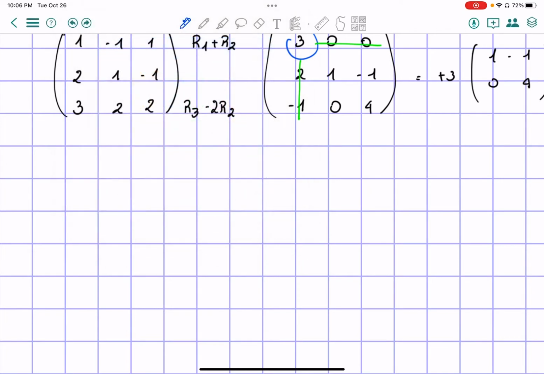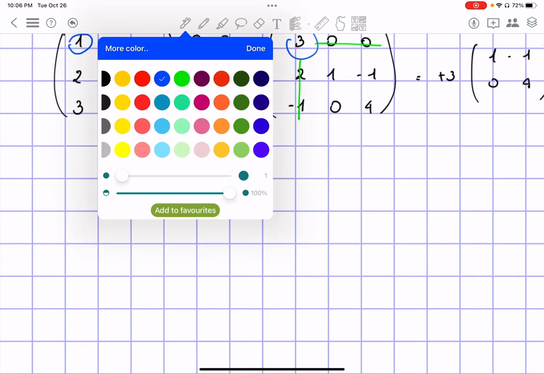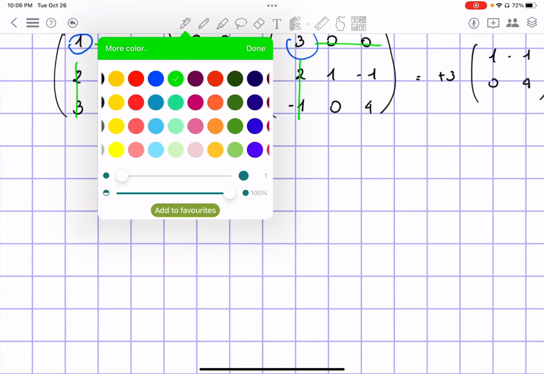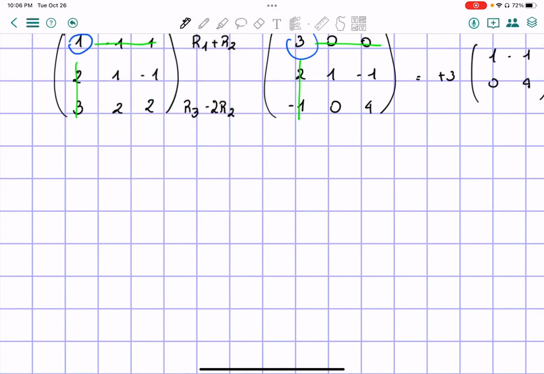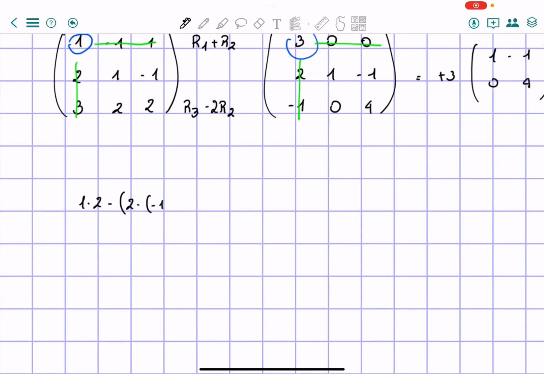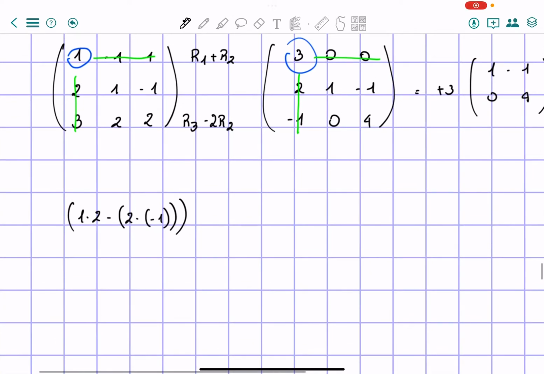First of all, we're going to have to take the first element, cancel out the other 2 rows, and find the determinant of what remains here. So we would have 1 times 2 minus 2 times -1. And since 1 is the first position, it's going to be a plus.